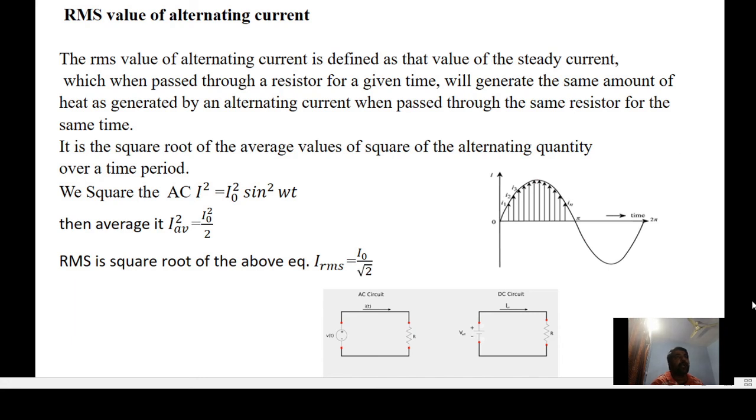In order to understand RMS value of alternating current, let us consider two simple circuits. One is connected with an AC source along with the resistor R. The other circuit consists of a DC source connected with the resistor R. Here both resistors have the same value.